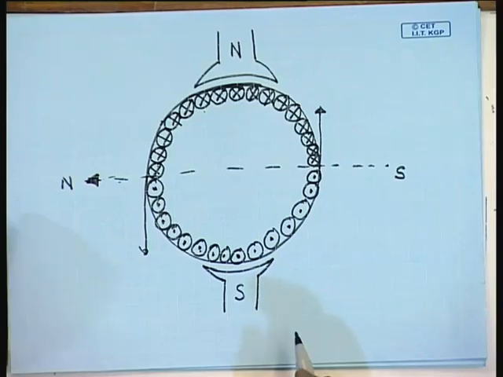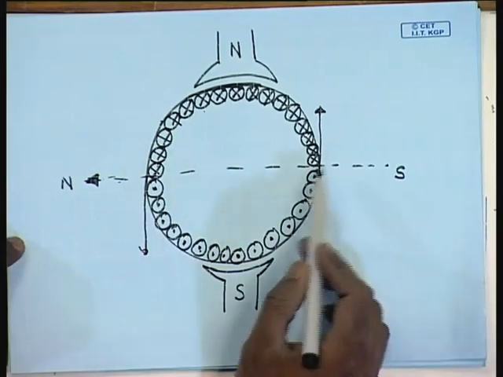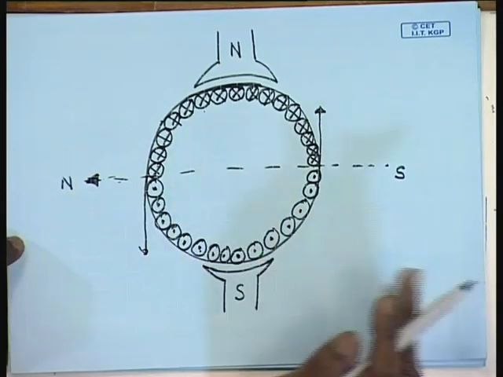That is, a commutation arrangement has to be devised so that as and when one coil passes the commutator, its direction of current changes. This is necessary in order to maintain a uniform unidirectional torque in this machine.